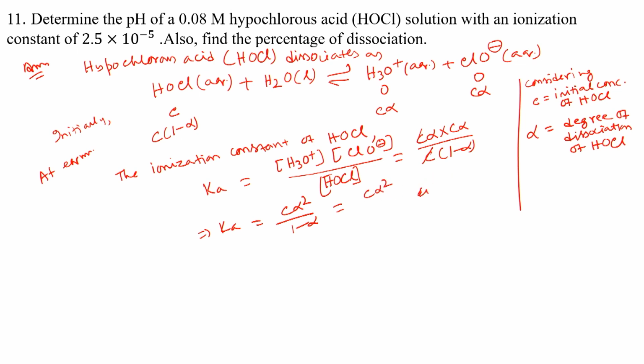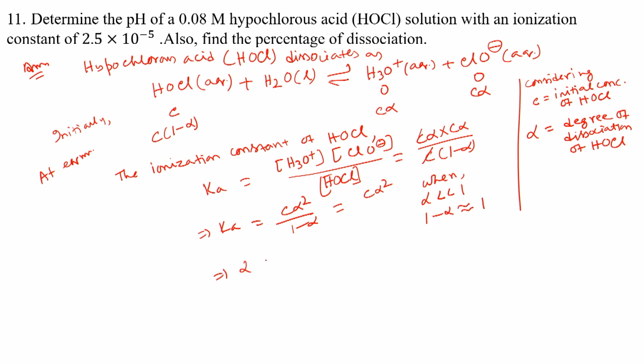We can further simplify this. When alpha is very small compared to 1, then we can write 1 minus alpha equals 1.